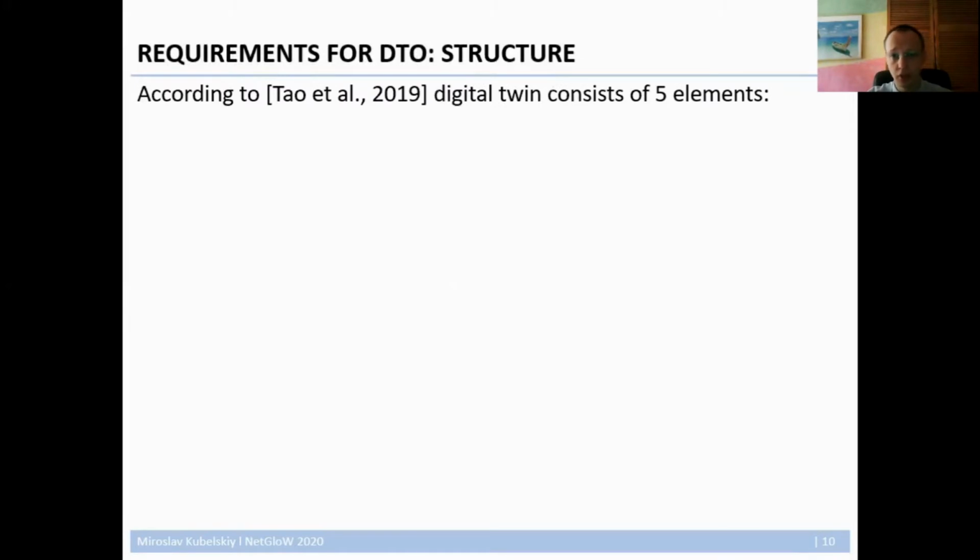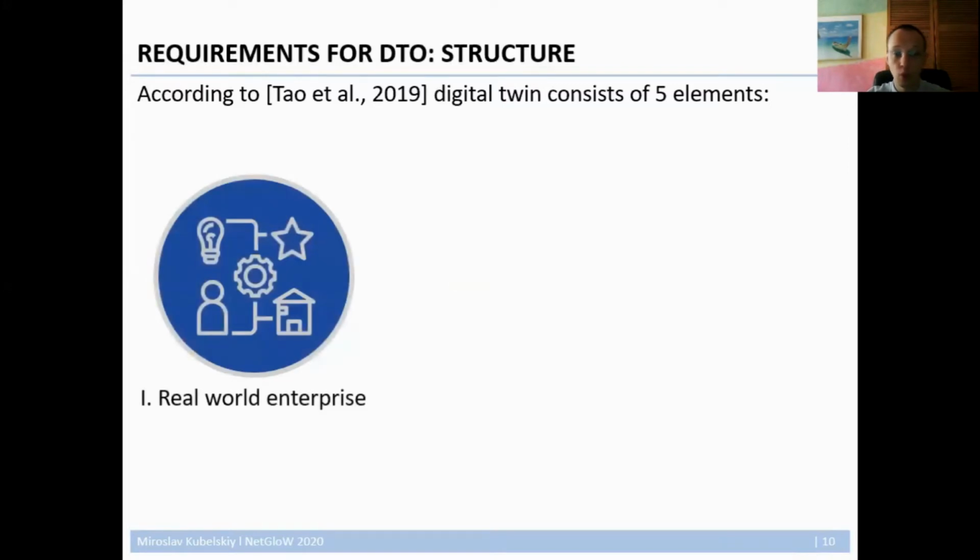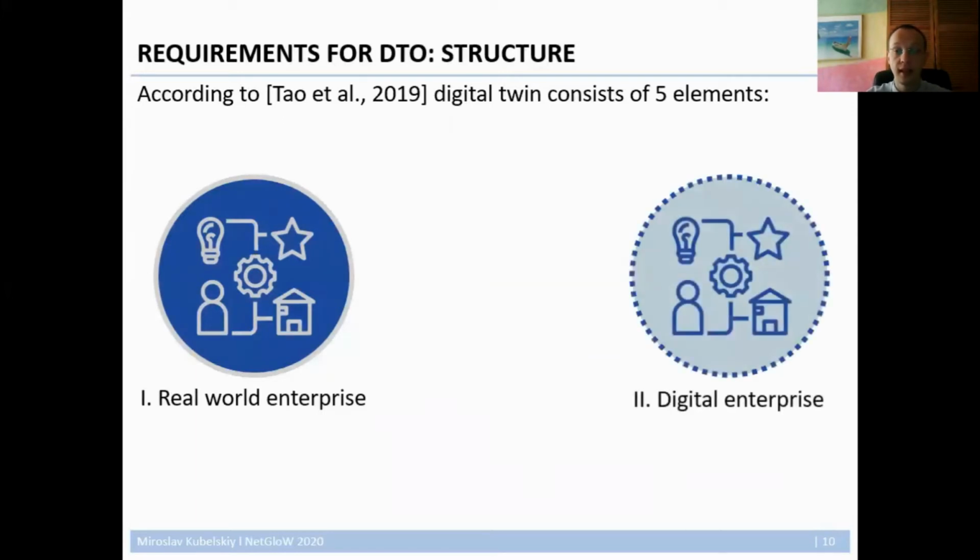As for the structure, according to Tao et al., it is possible to identify 5 core elements of any type of digital twin. First of all, this is a real-world modeling object. In our case, this is a real-world enterprise. The second is a digital copy of the enterprise.